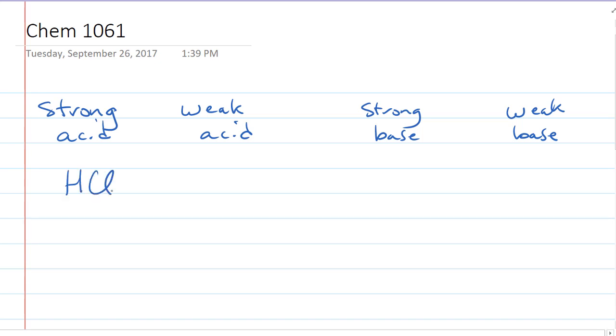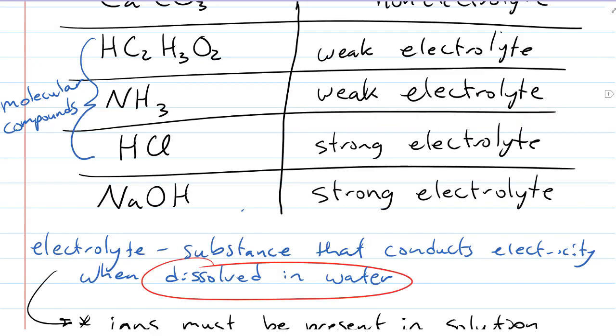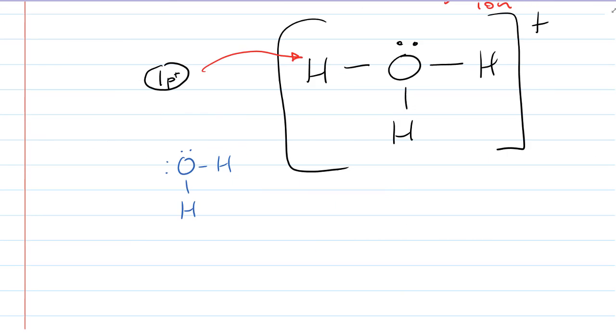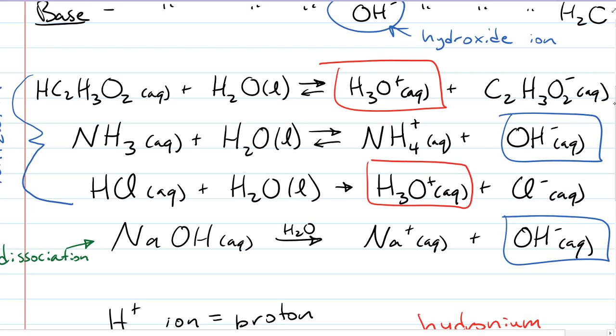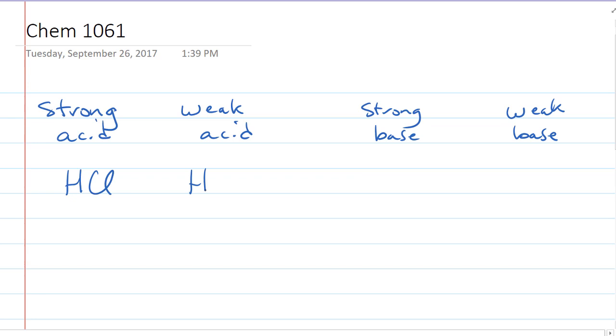Which one is a weak acid? Well, let's go back to our list of reactions. It's going to be the acetic acid because, of course, acetic acid produces hydronium ions. So the acetic acid is going to show up here.